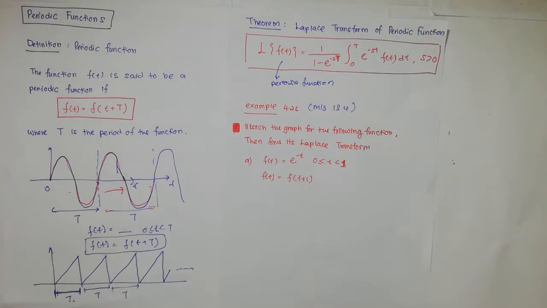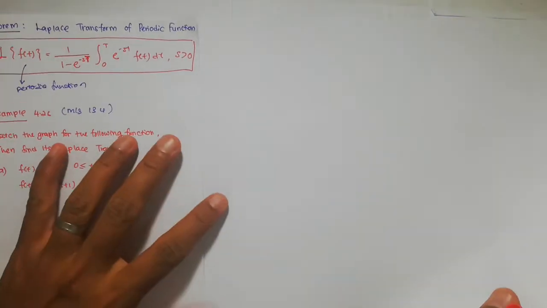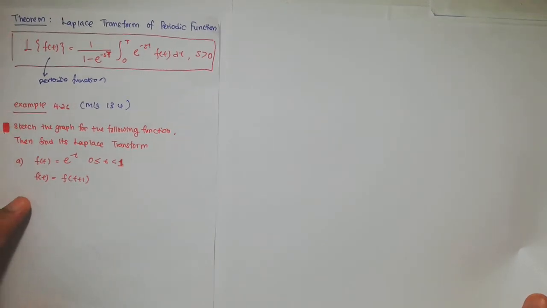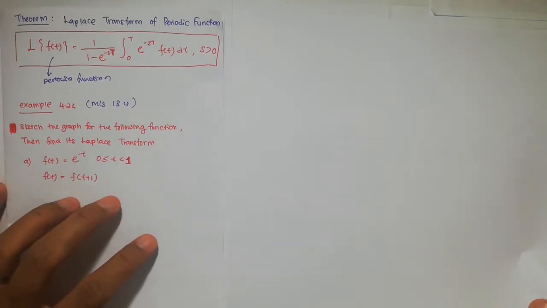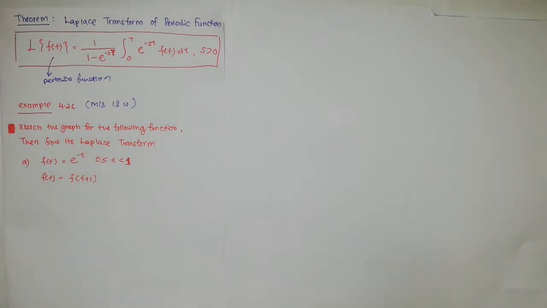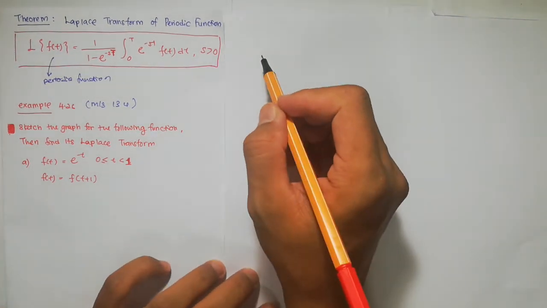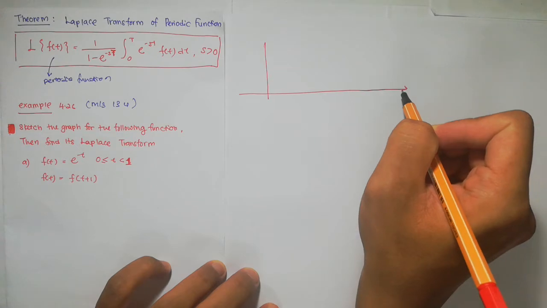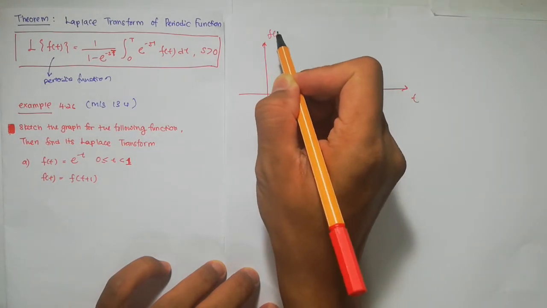The first task we need to do is sketch the graph for the signal, so let's do it. Remember, we have a repetitive pattern, so we need to draw the first pattern and then repeat it over a period of capital T. First we draw the signal f(t), with values from 0 to 1 given by e to the negative t. When t equals 0, you will have 1.